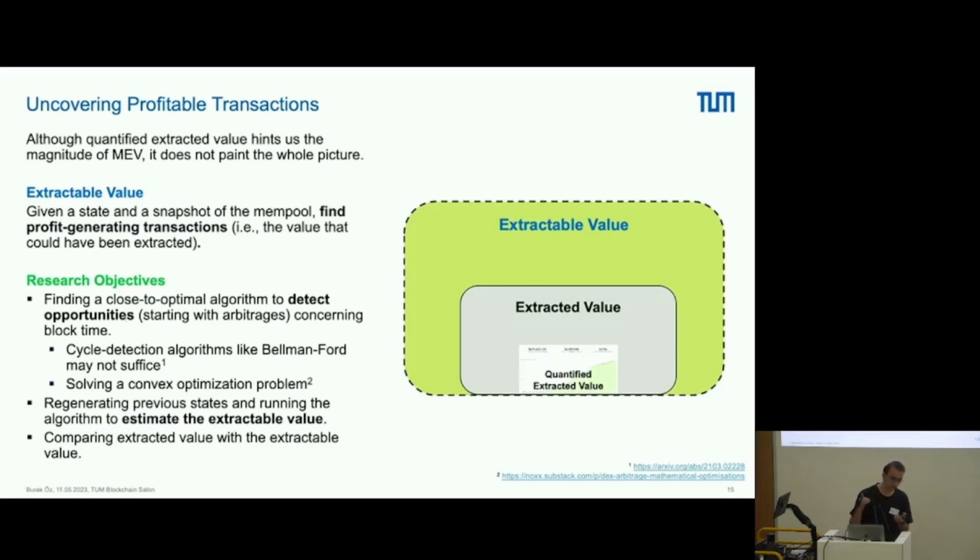To analyze the extractable value, we take the state and run cycle detection algorithms or convex optimization problem solvers on it to find that actually this could have been done to extract that much value. And then we could compare this with the quantified value to see how much value was missed.